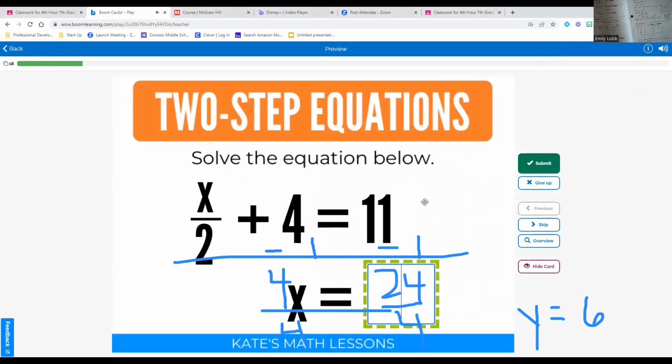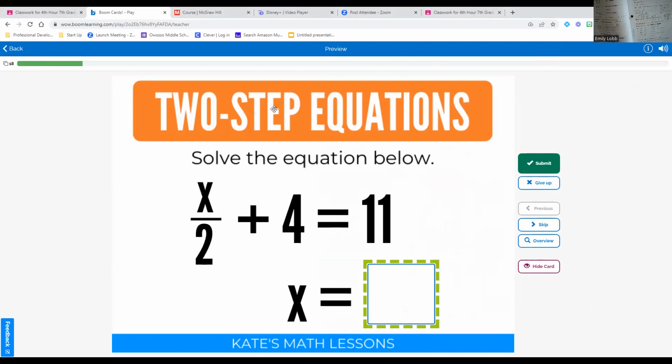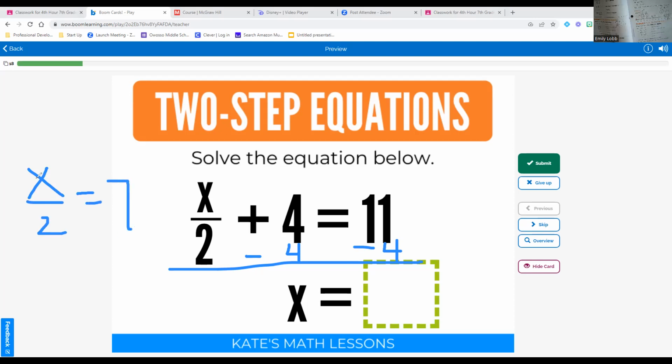All right, now this is one that we didn't really see, right? So you should know how to add or subtract first. When you subtract 4 from both sides, you're left with x over 2 is equal to 7. This is a one-step equation, right? How do I undo division? Multiplication. So what am I going to multiply both sides by?